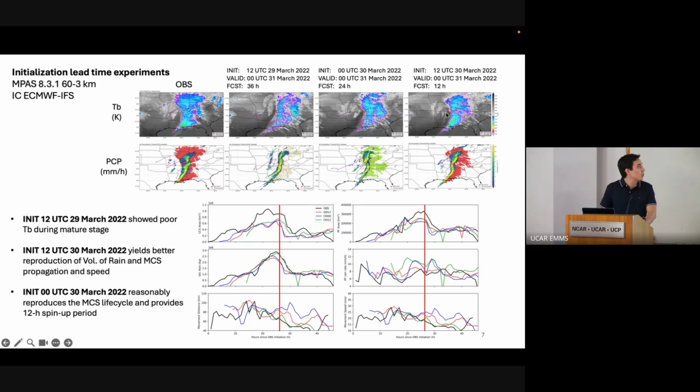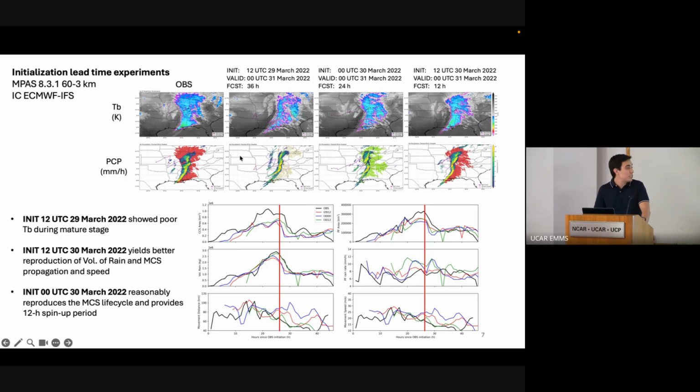As we get closer to the mature stage, that is indicated by this vertical red line here, so we are probing at this time 0 UTC on March 31st, the brightness temperature fields get better. And this is expected because storms are very sensitive to the initial condition.